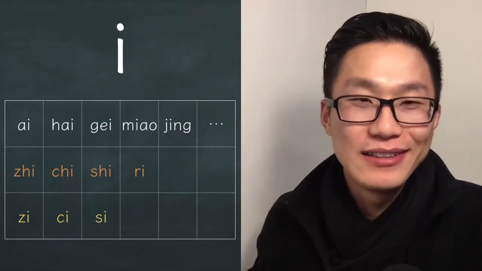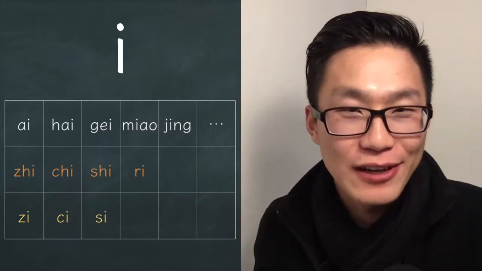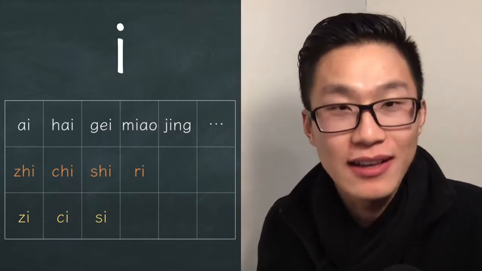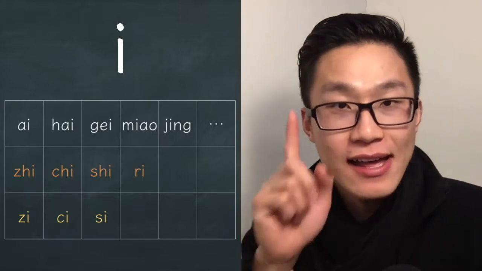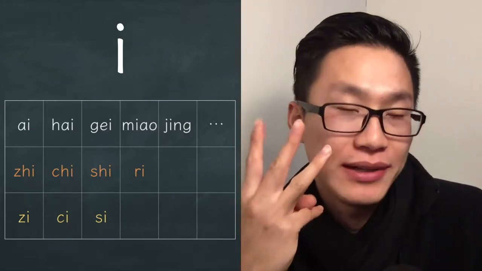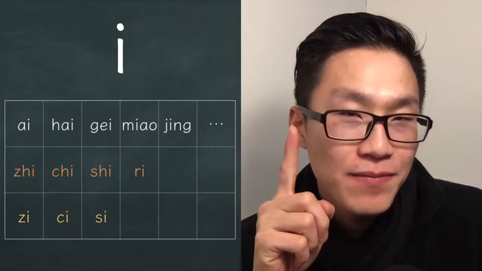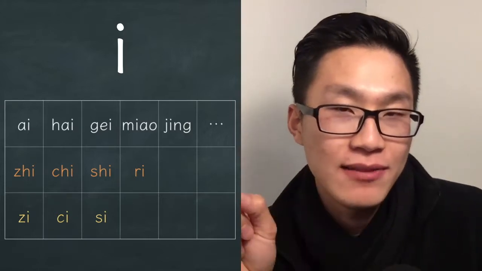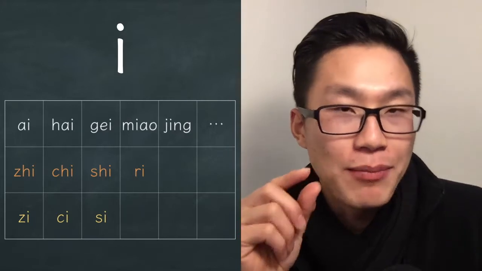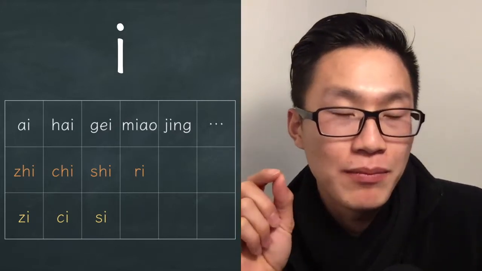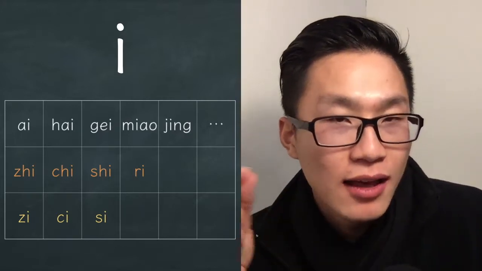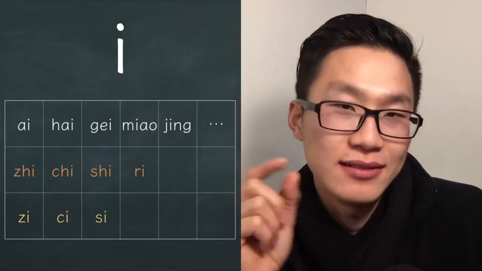Cool. So everything you need to know on this page is that the letter I has 3 different pronunciations. Most of the time it's pronounced like E, like you can see on the first line. If it appears in the second line, it's pronounced like the Z, G, Z sounds.